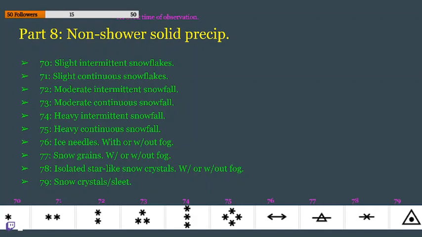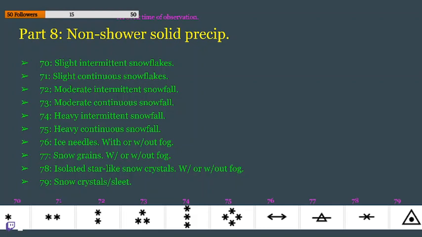77 is a triangle with a line, and is snow grains. I don't know who decided that snow grains look like that, but they don't. 78 makes a lot more sense. It is star-like snow crystals that are more isolated fall, or isolated incidents, and this is with or without fog.